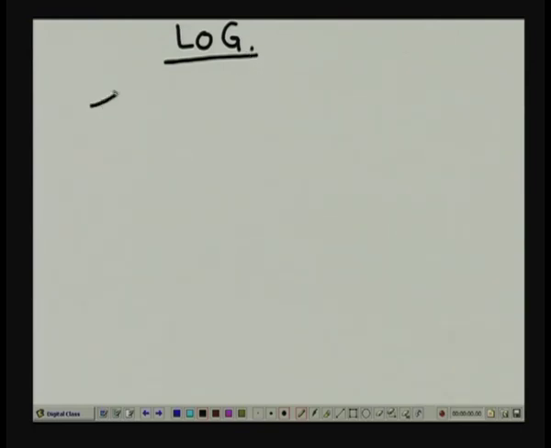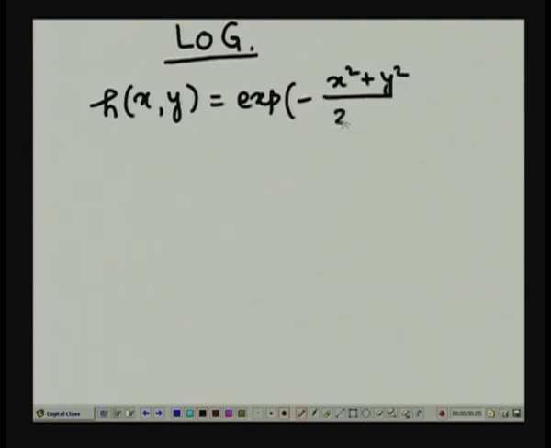The Gaussian can be represented by this, say h(x,y) is equal to exponent of minus (x square plus y square) upon twice sigma square. So, this is a Gaussian operator having a standard deviation of sigma.